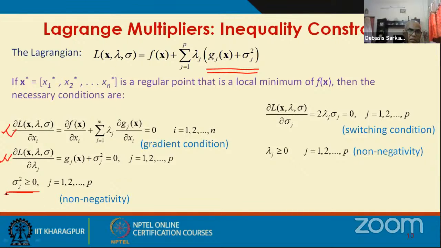Note that these slack variables as well as those Lagrange multipliers must be non-negative. Now, these derivatives will give you a set of equations which need to be solved to obtain the minimum or maximum or extremum of this Lagrangian. And this extremum of this Lagrangian will be the extremum of the original function f(x) because they satisfy this constraint.